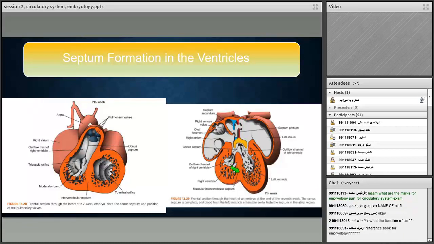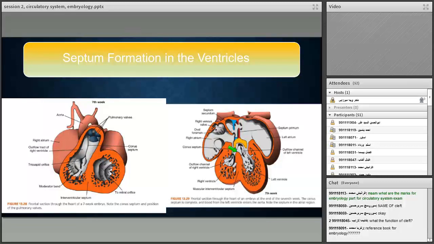But the upper portion of the interventricular septum is the membranous portion. Langman is the reference for embryology.